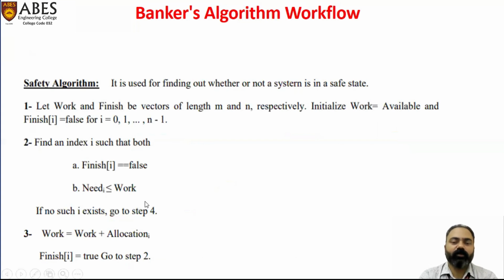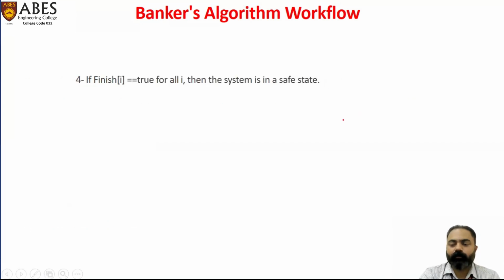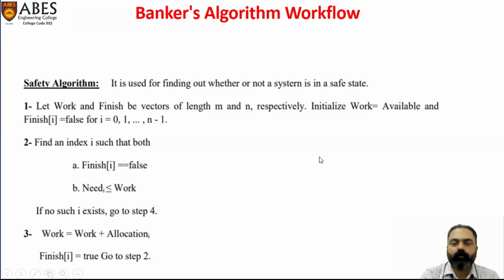What is the safety algorithm? We can check here. It is used for finding out whether or not a system is in a safe state. So find an index i for a process such that Finish[i] equals false, means that process is not yet complete, not terminated. If Need[i] is less than or equal to Work, what is Work?